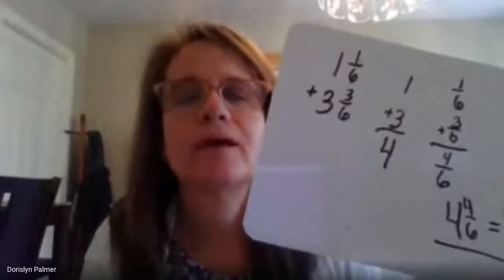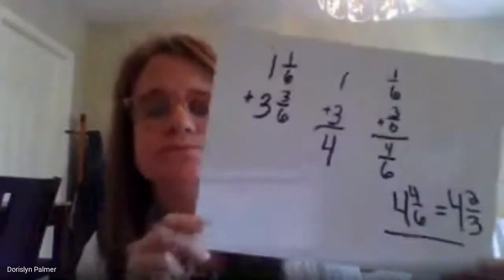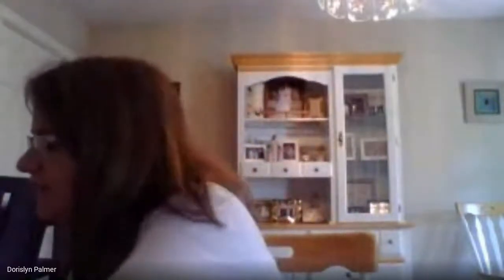All right, we're going to look at number 2. They didn't leave us as much space this time, but we're going to do the same thing. We're going to add just the whole number part. We're going to add 1 plus 7, and that will give us 8.